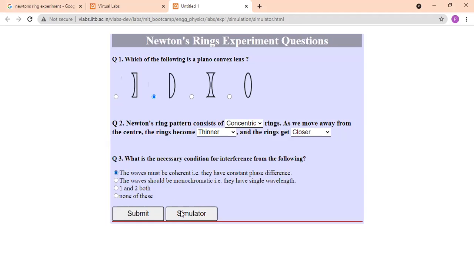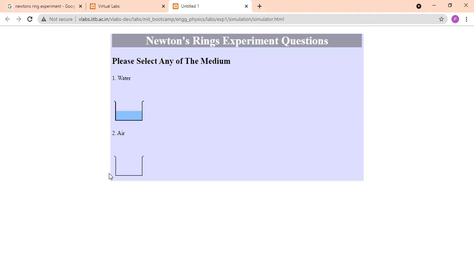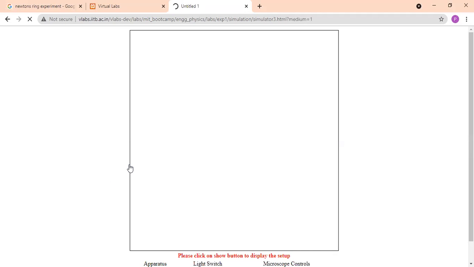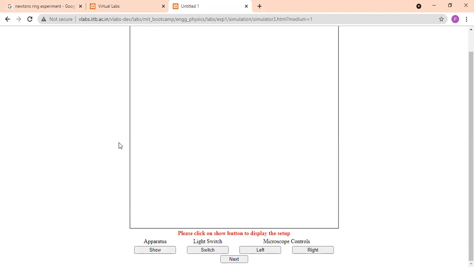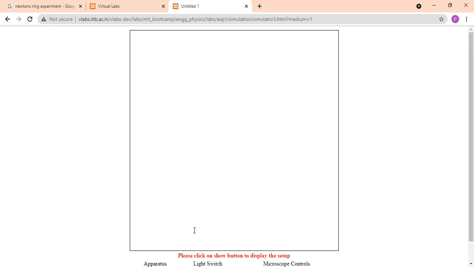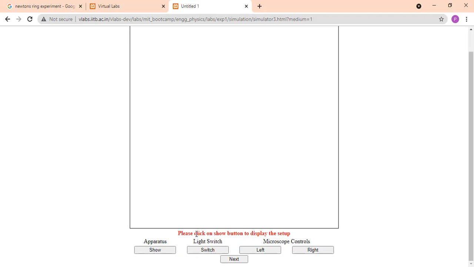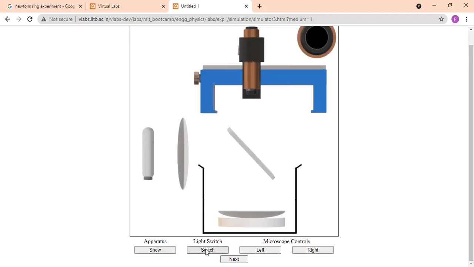So let us submit it to, let us do it in the air medium. Light is being turned on.